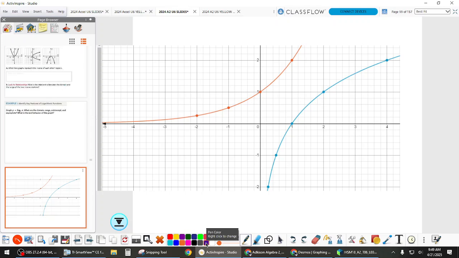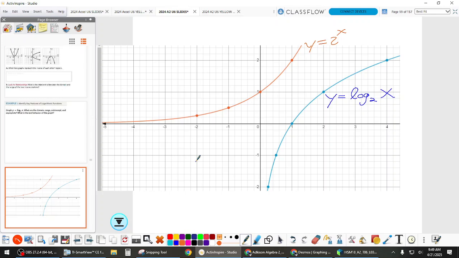So let's talk asymptotes. I'm going to leave this up here. What's the asymptote for the orange graph, which is exponential? In fact, I should probably put that up here. Y equals 2 to the x. What is the asymptote for it? Y equals 0. It's the horizontal asymptote, right?